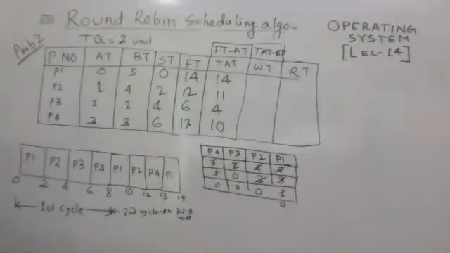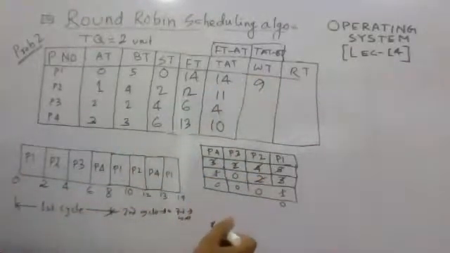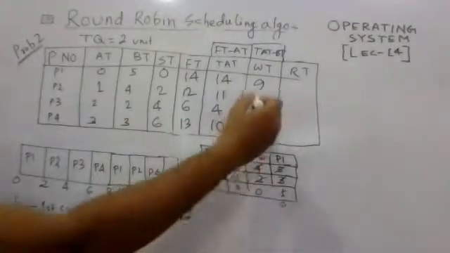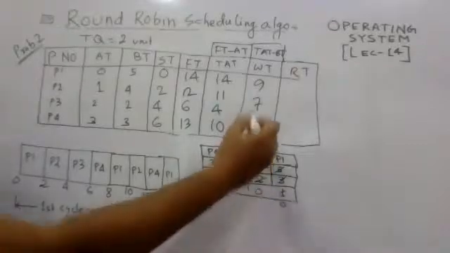Now, waiting time is actually turnaround time minus burst time. So for P1, 14 minus 5, that is 9. For P2, 11 minus 4, that is 7. For P3, 4 minus 2, that is 2.